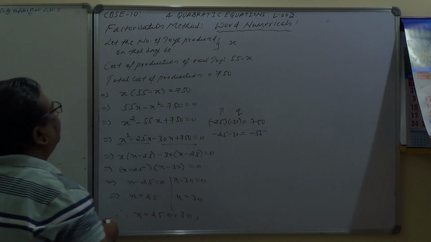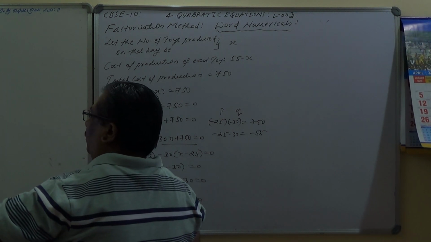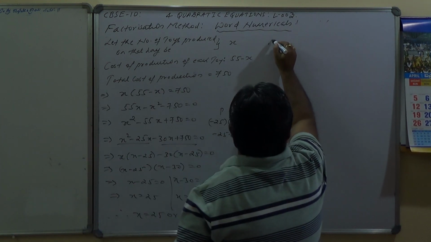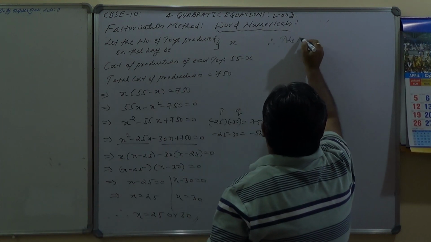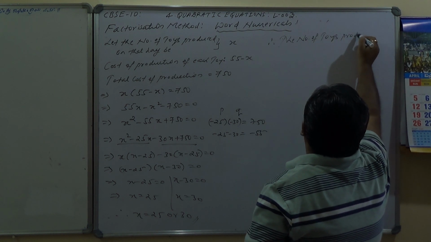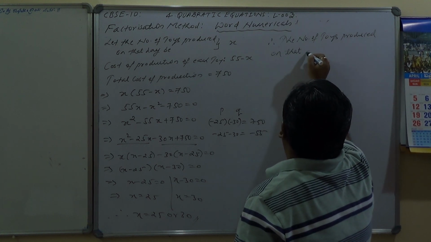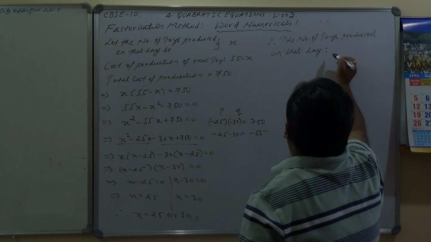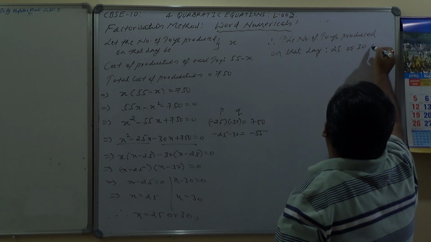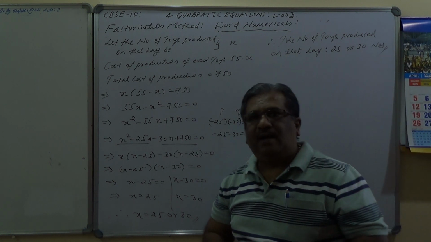Both possibilities are there. What is the question asked? We would like to find out the number of toys produced on that day. Therefore, finally, the number of toys produced on that day will be either 25 or 30. This is the answer. I hope you are understanding. Please note it down.